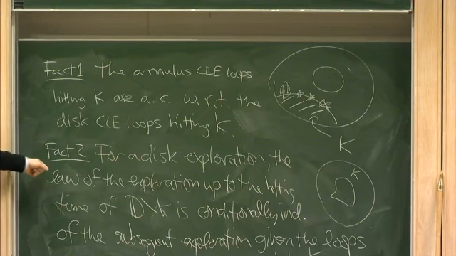And this part is telling you that you don't need to see any loops ahead of you. You just need to see the ones that hit K.